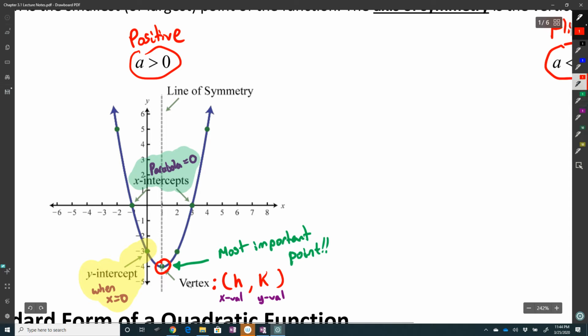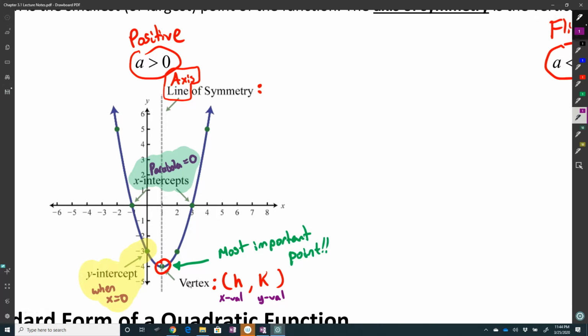Now the other part is the axis of symmetry, or the line of symmetry, otherwise known as the axis of symmetry. So instead of line, you can see axis instead. It's the same thing. Now the formula for this, well, in this specific case, it's 1.